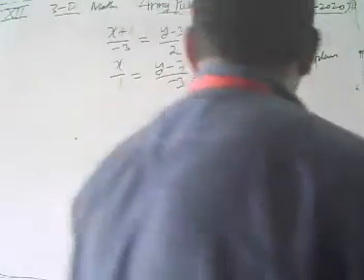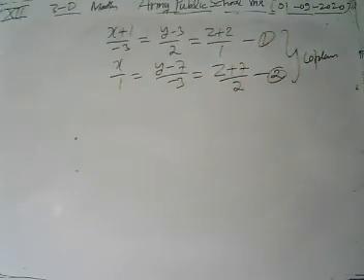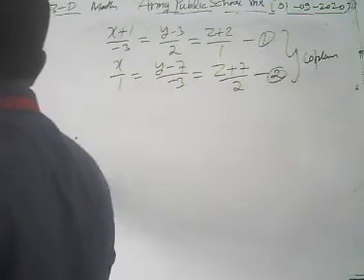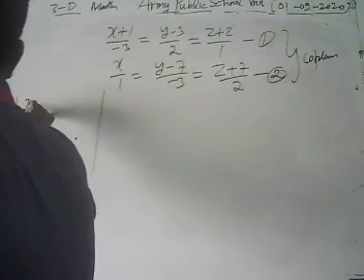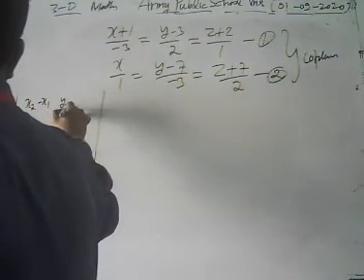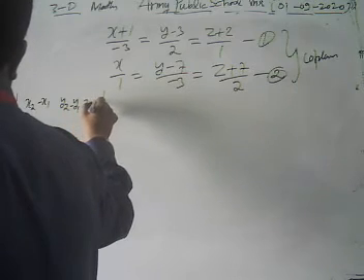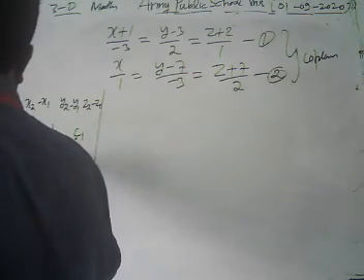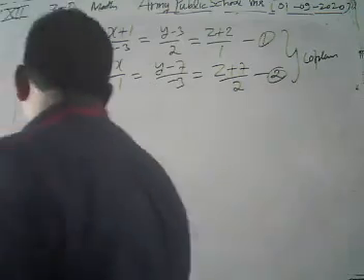What is our condition of coplanarity? The determinant x2 minus x1, y2 minus y1, z2 minus z1, a1 b1 c1, a2 b2 c2 must be 0.